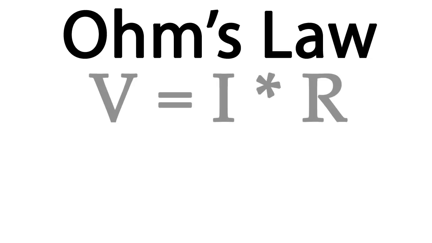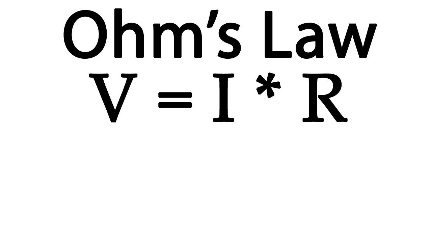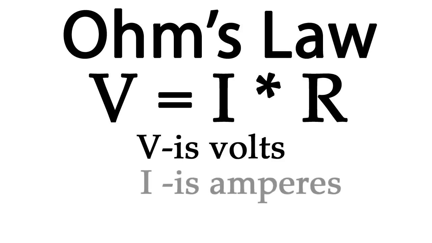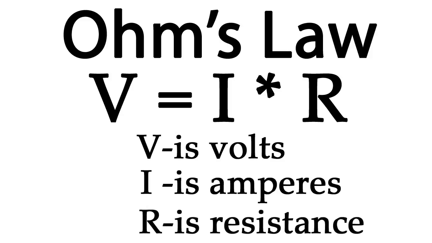And what he stated was V equals I times R, where V is volts, I is amps or amperes, and R is resistance.